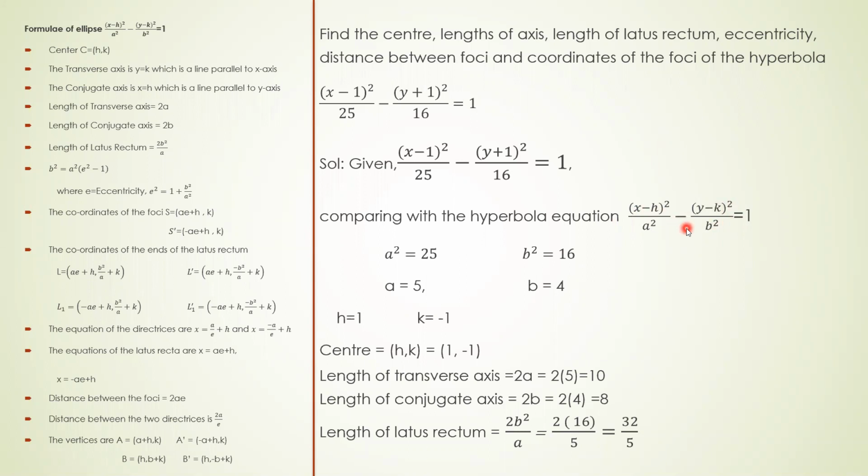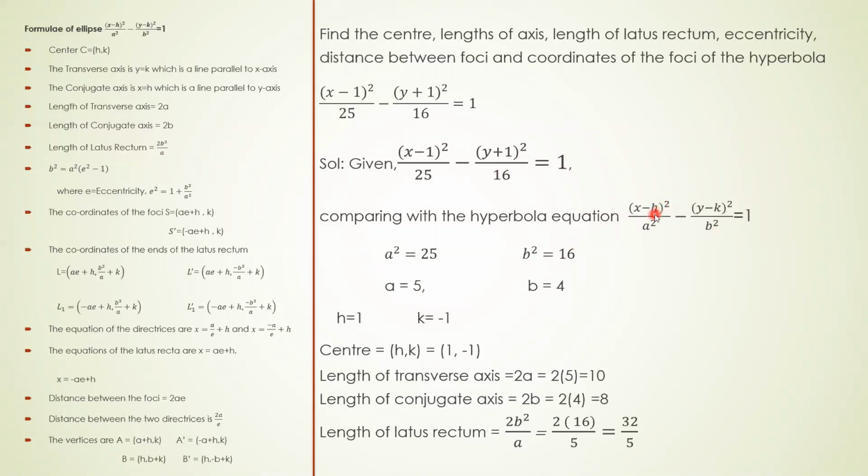This we have already seen. So when we compare these two, a square value is 25, so obviously a value will be 5 when we take the square root. b square value is 16, so taking the square root, it will be 4.